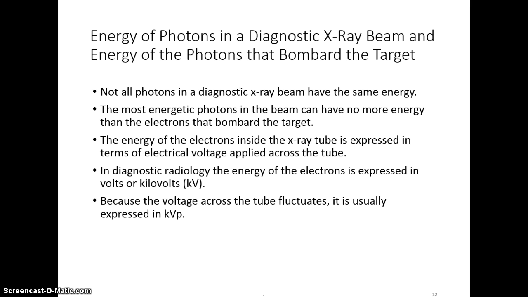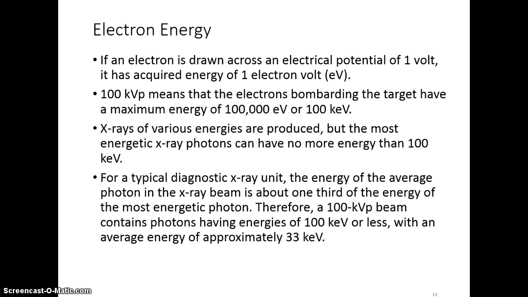Remember, your target is angled. We call that a beveled edge, and some of the electrons that are boiled off the filament are going to have to travel farther. So you're going to get a fluctuation in the voltage going across the tube, and that's why not all of your X-rays have the same energy.